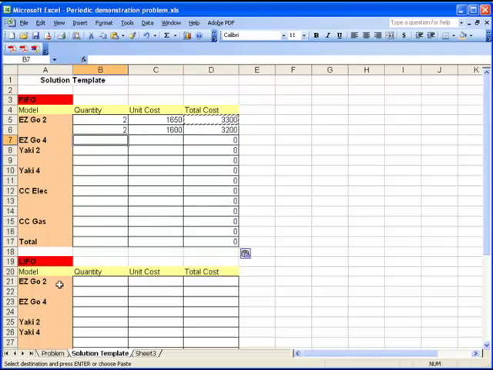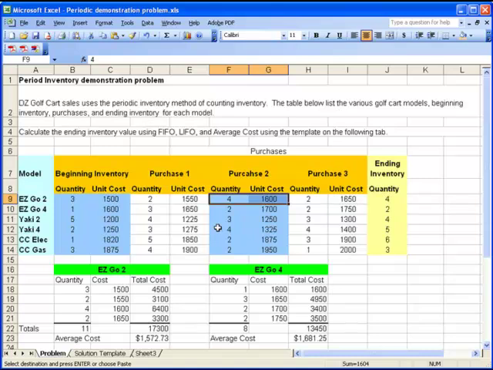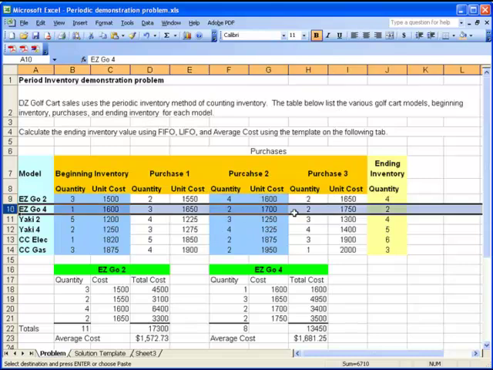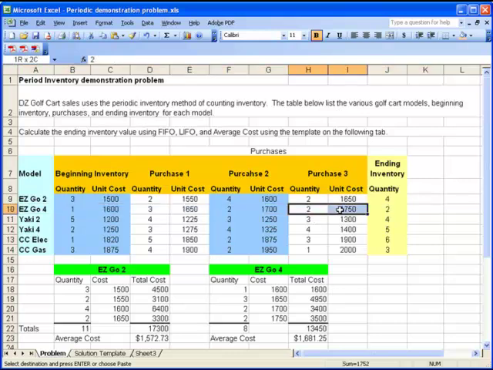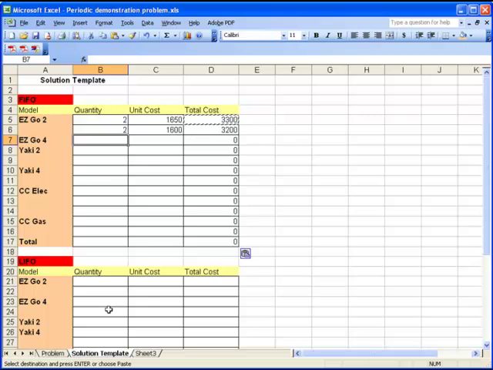Our next one, the E-Z-GO 4: here is our total inventory. Our ending inventory is made up of 2 units, and those would be the last 2 units that we purchased, because we've sold the first units that we purchased. So our ending inventory is these 2 units right here, 2 at $1,750. On our template, we put 2 at $1,750, and that total value is $3,500.